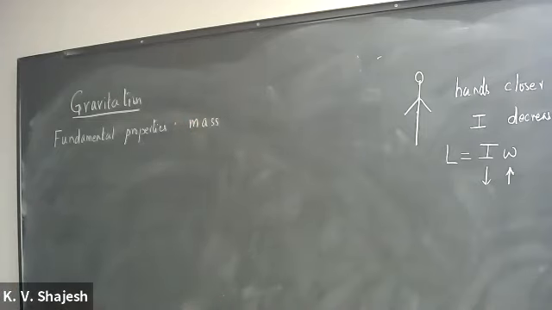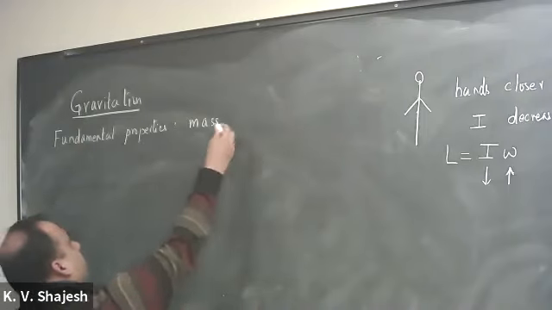For example, you can talk about the mass of an electron, the mass of a proton, the mass of a neutron, or for that matter, the mass of Earth as a whole, the mass of humans, the mass of a car, and so on. So everything has a mass because the fundamental object that is used to build it has a mass.